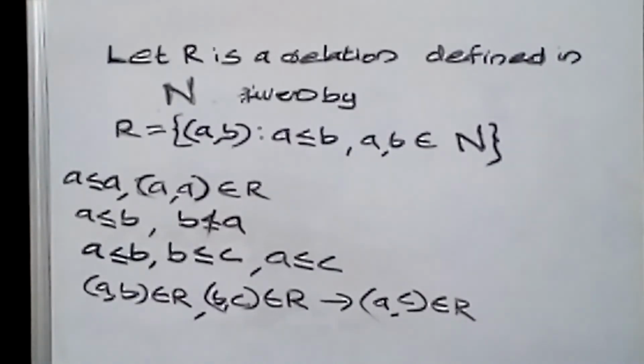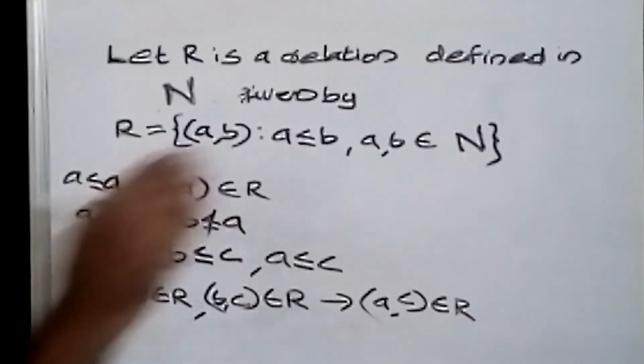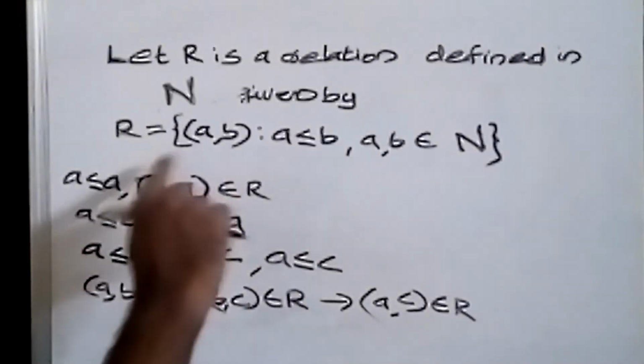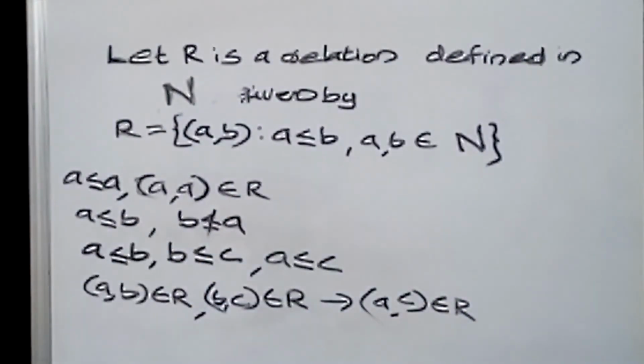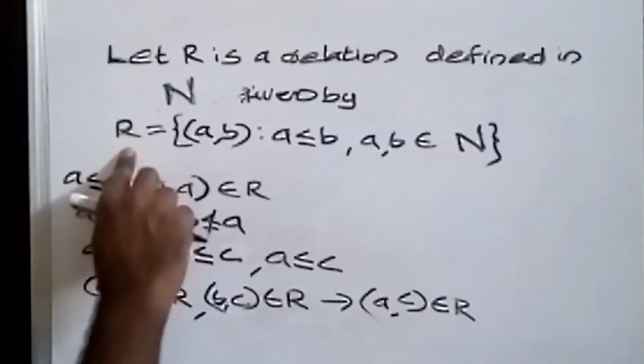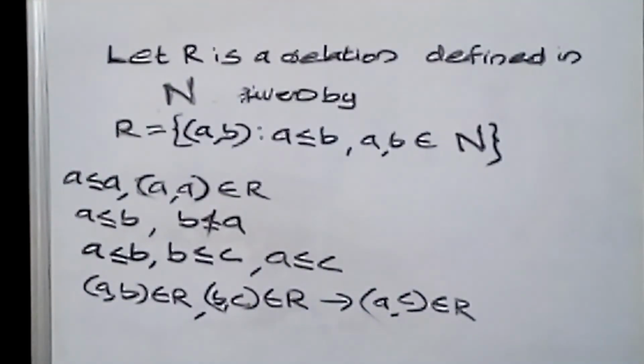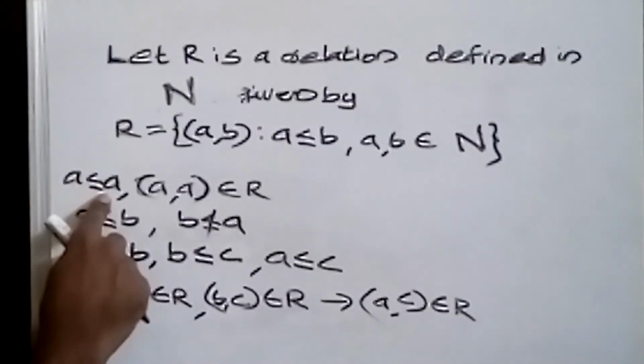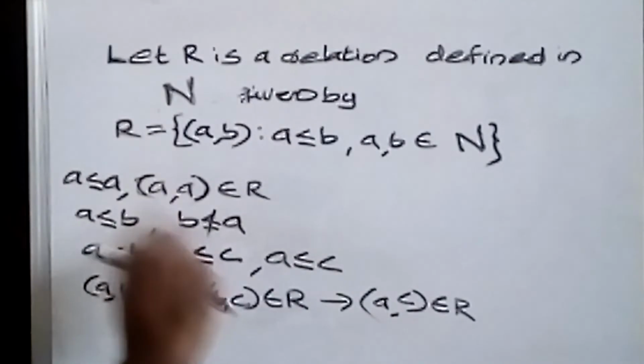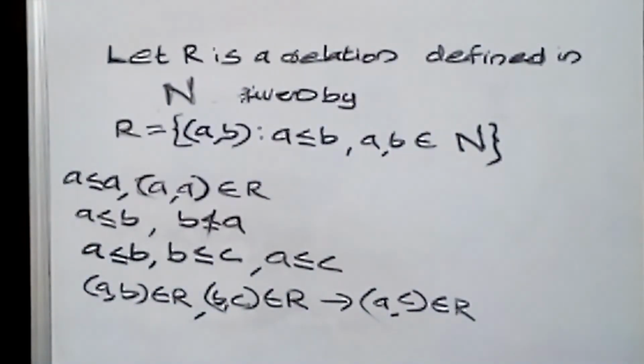Thus, the difference between the previous problem and this problem is that we cannot list all the elements of this set R. Therefore, we have done it theoretically. Since A is less than or equal to A for every natural number, (A, A) belongs to R, therefore the relation is reflexive.